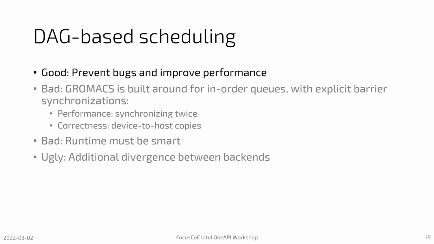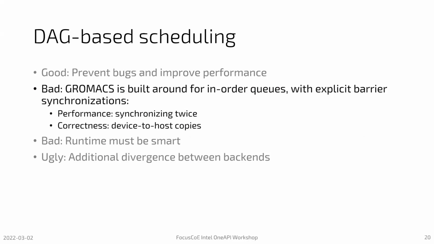It should improve performance by automatically enqueuing kernels that can run in parallel to actually run in parallel. So it sounds great. And if we were dealing with new code, it actually could have been very nice to have. It simplifies a lot of things.